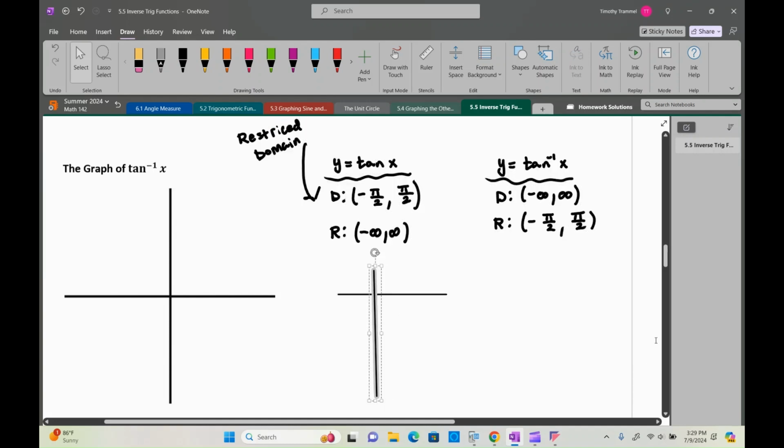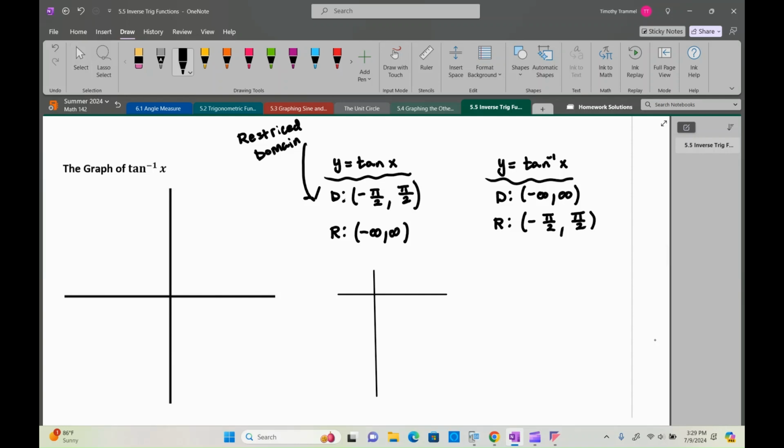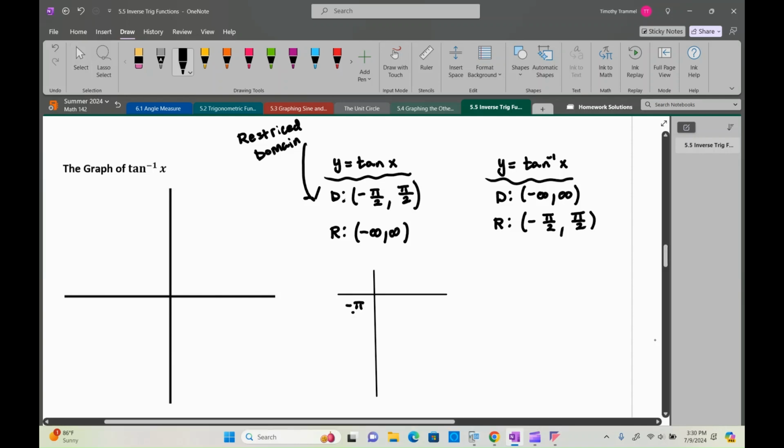So I know we can plug in a minus pi over 4, a 0, and a positive pi over 4. And you might remember it's minus 1 here, it's 0 here, and it's 1 here if we're talking about tangent.